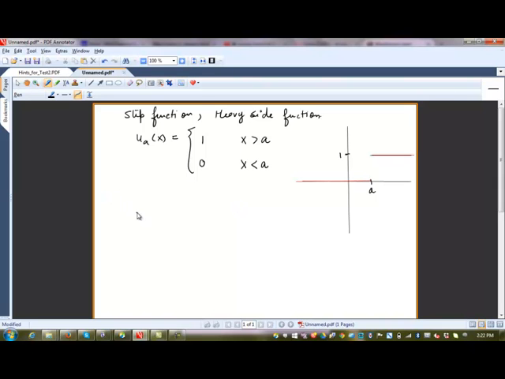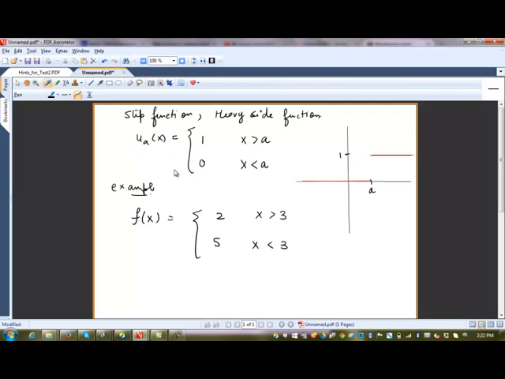So for example, if I have a function f(x) equal to 2 when x is bigger than 3 and 5 when x is less than 3, you can see this function is discontinuous. And at what point is this function discontinuous? 3. At 3 it is discontinuous. Now my goal is to write down this function in terms of step functions, or Heaviside functions.